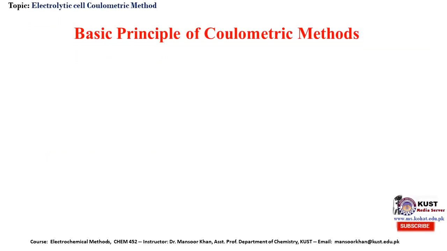Now the second part of our presentation is the basic principle of the coulometric method. This is our main goal. In this whole chapter we will discuss coulometric methods, which are used for qualitative and quantitative methods of analysis. So, introduction.